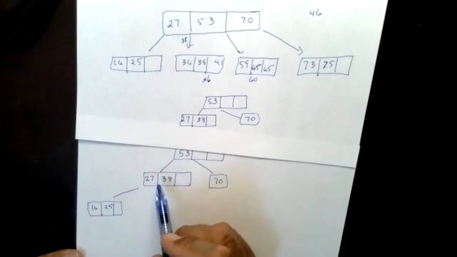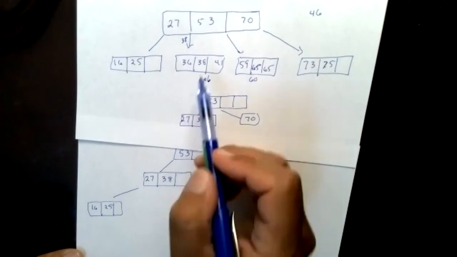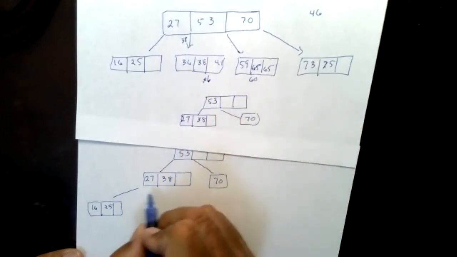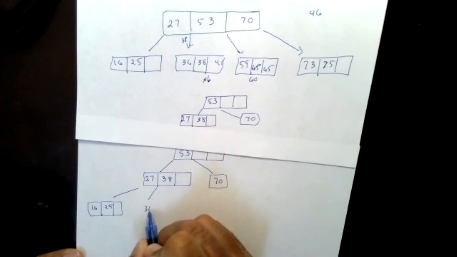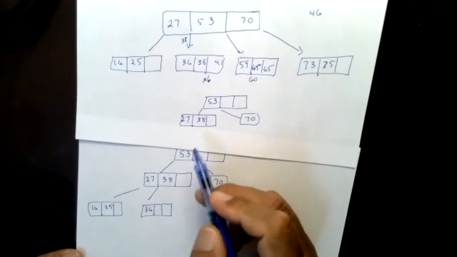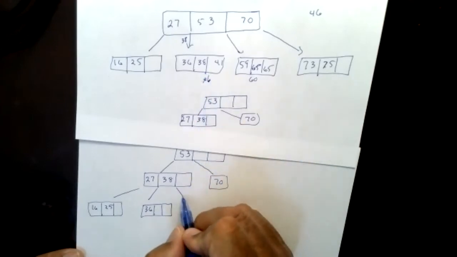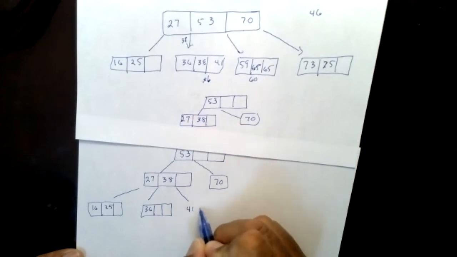Between 27 and 38, the 38 went up. So what was between them was the 36. Greater than the 38 was, this is where my problem came in when I wanted to add the 46. So it's 41 and 46.